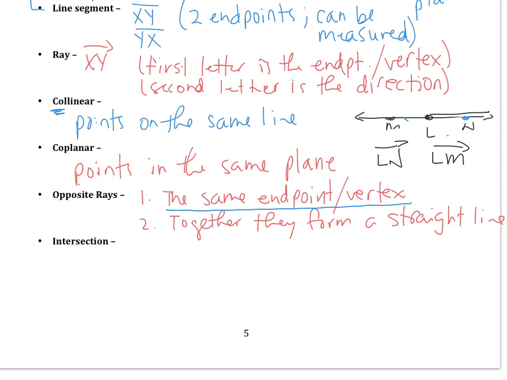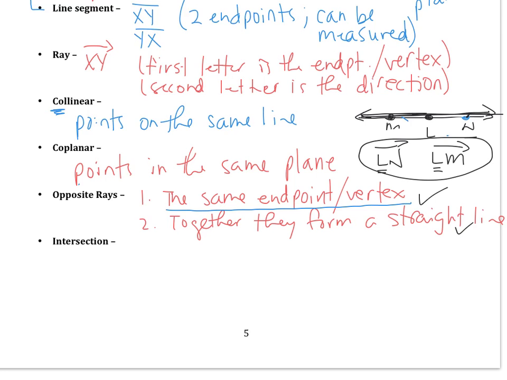LN goes like this, LM goes like this. So remember, we always start with the first letter, L, and then go in the direction of the second letter. Well, in this case, since number one, we're starting with the same endpoint, and then together, the two rays look like they form a straight line. It's fitting both criteria, therefore these two would be considered opposite rays.